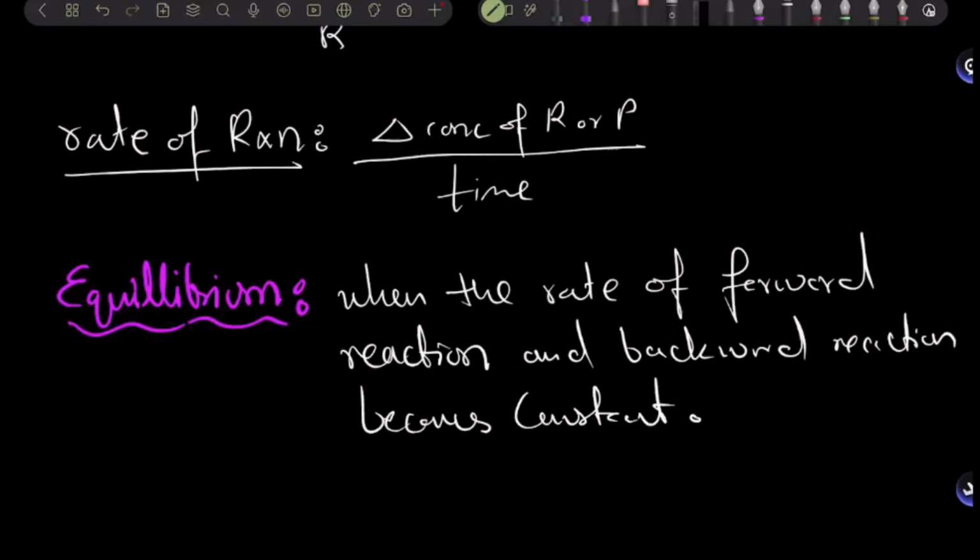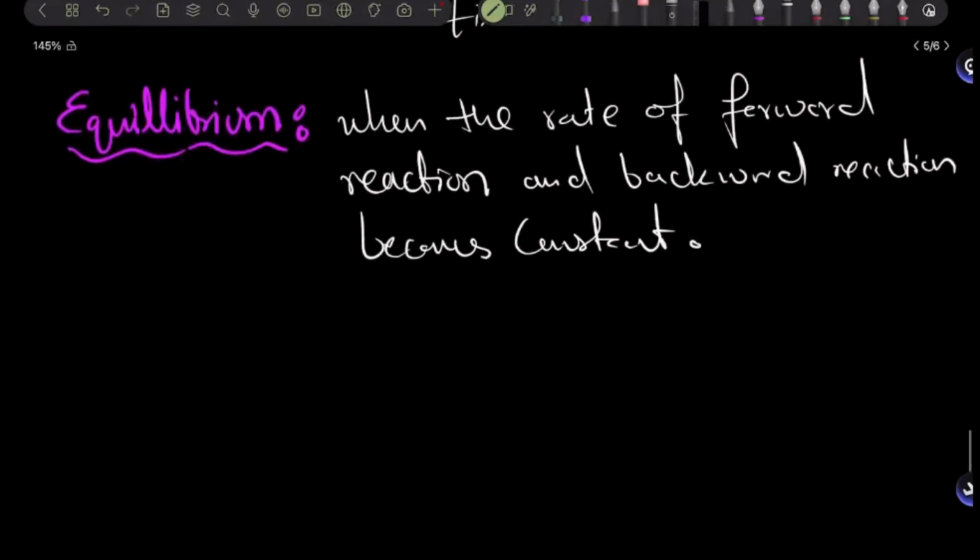That's a state of equilibrium. So let's try to explain this. You have reactants. Initially, all the reactants are just converting into products, right? So this was the forward reaction.